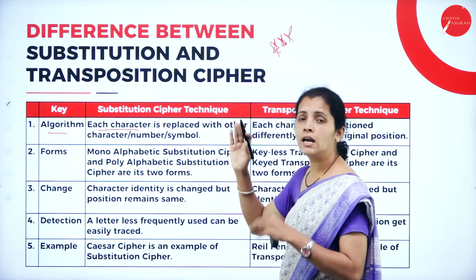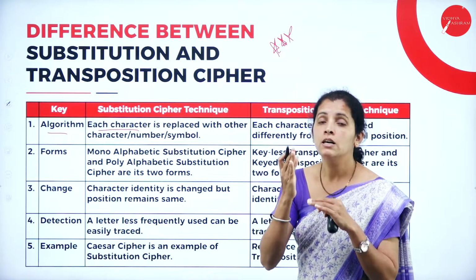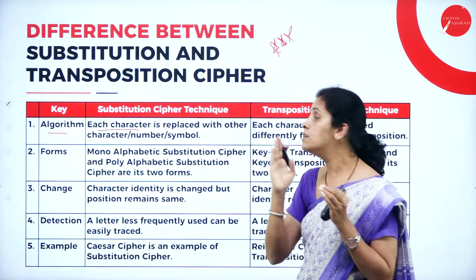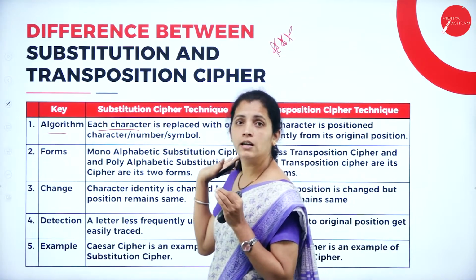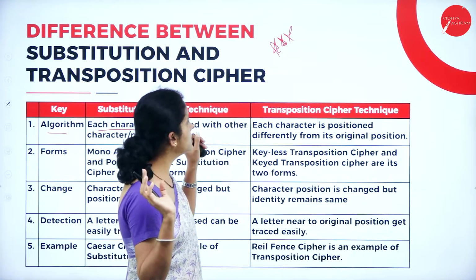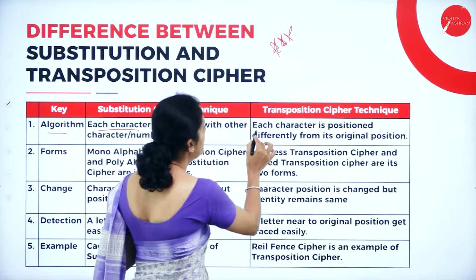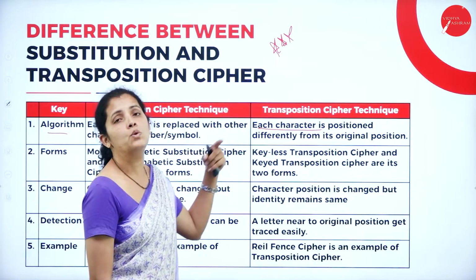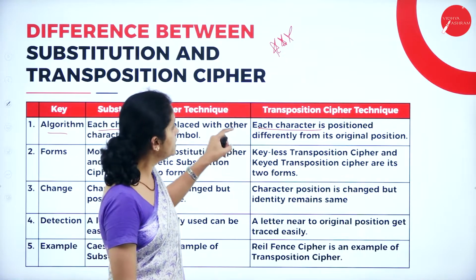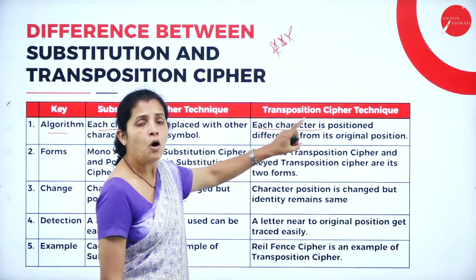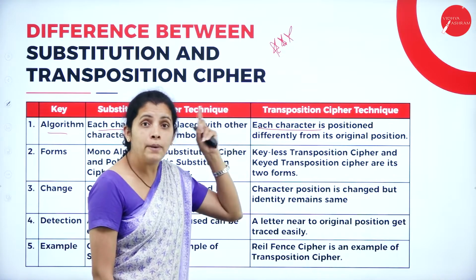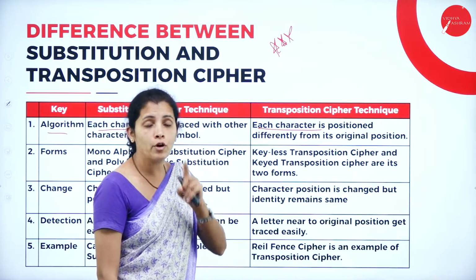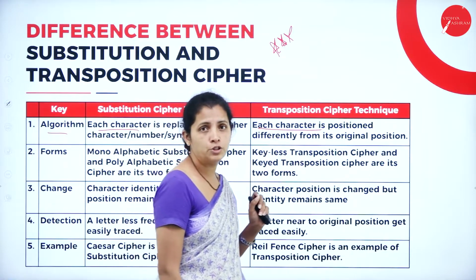In transposition, each character is positioned differently from its original position. So, in the transposition cipher, all the characters are placed differently from the original position.